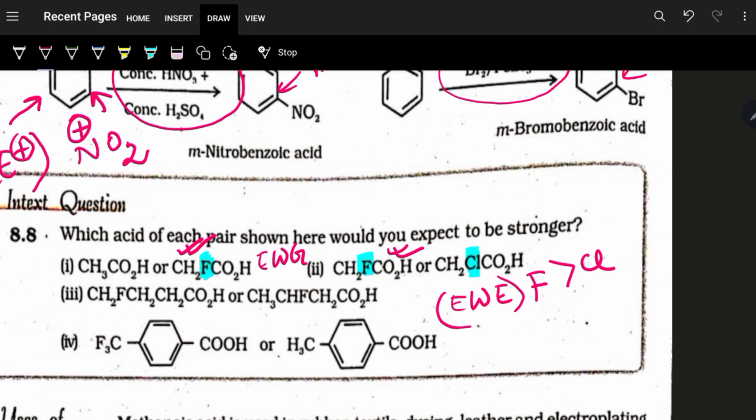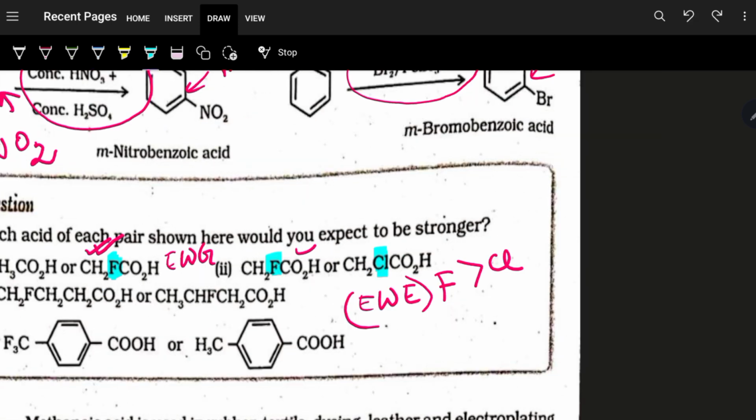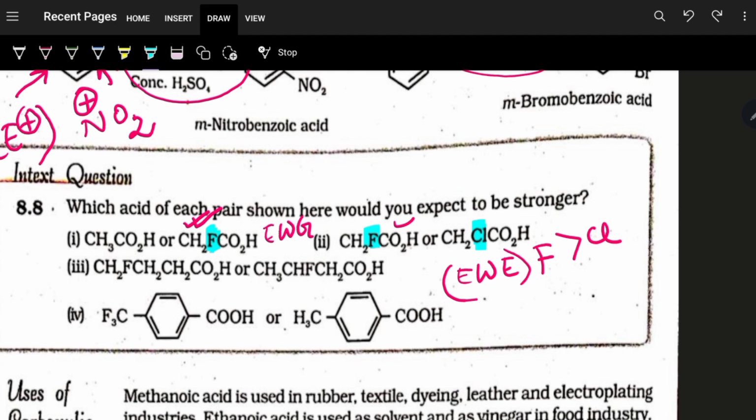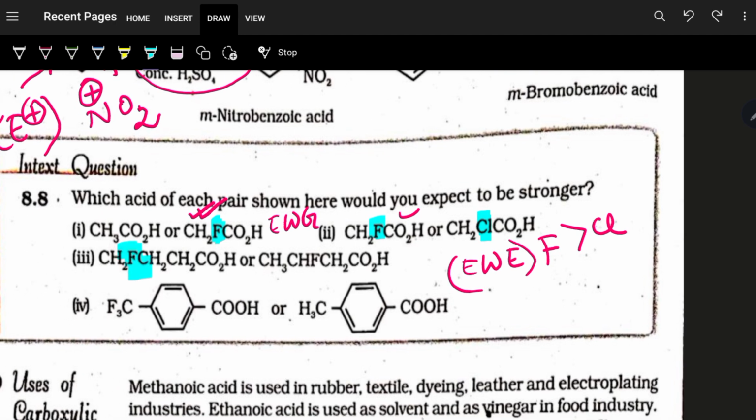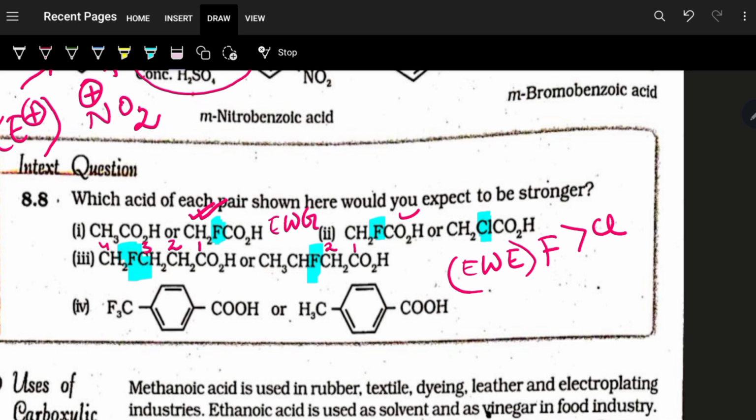Next, I have fluorine over here, and a fluorine over here. What is the difference? Both have one fluorine. The difference is that this is carbon number 1, this is carbon number 2, and carbon number 3 has fluorine, and carbon number 4 has fluorine here.